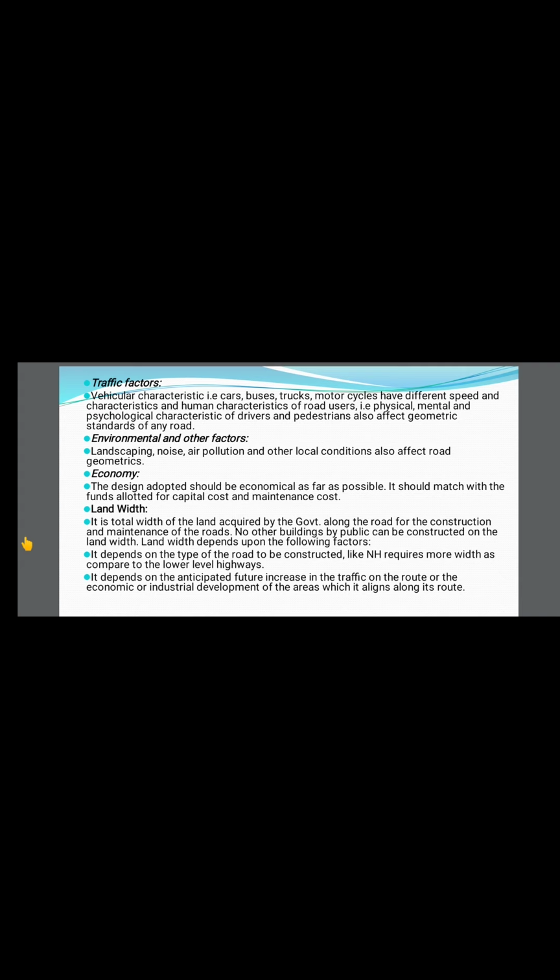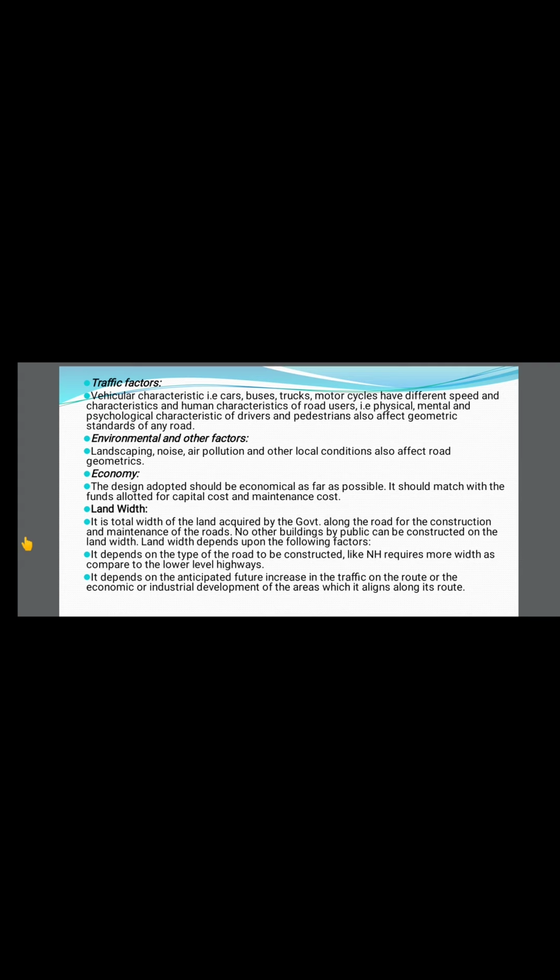So if you design for a speed of 60, it means all vehicles will not move with that speed, 60 kilometers per hour. Some vehicles are going to be more than that speed, some vehicles are going with less than that speed. So you can compare the different types of vehicles, whether it is a car, truck, bus, and all those things.